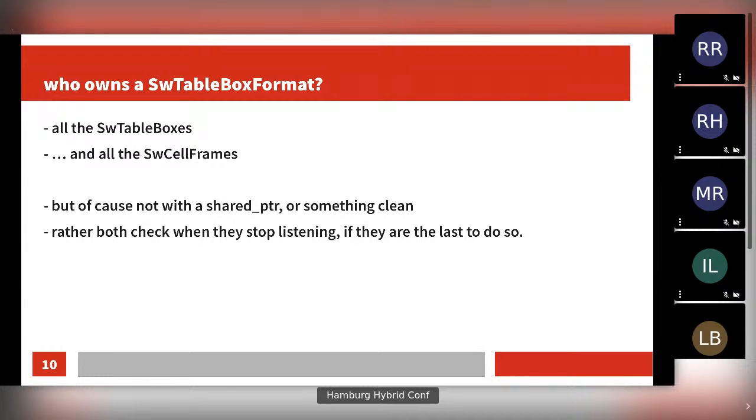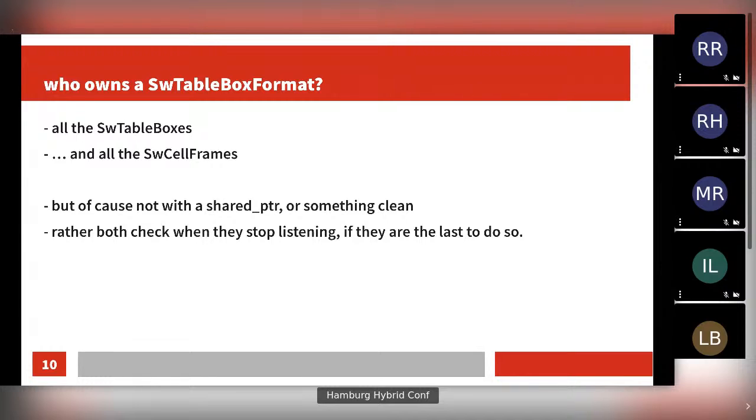Because both the table boxes and the SW cell frames, when they deregister from a format, so they are not interested in it anymore, check if they are the last ones, and if they are the last one, they just kill the format too. That happens in 2 places, of course, because it's 2 classes.